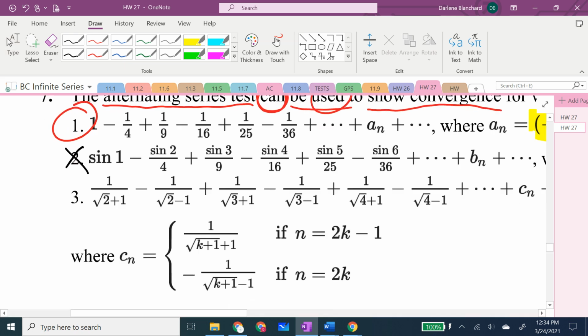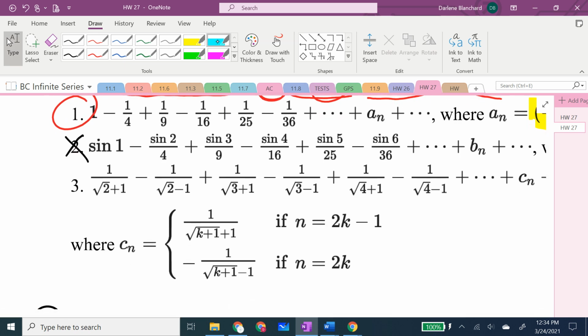And then when I hit the next one, I notice that this says evens and this says odds. The even terms are negative, the odd terms are positive. Yes, it is an alternating series. And if you look at the formula, the limit is 0. But what does not happen?